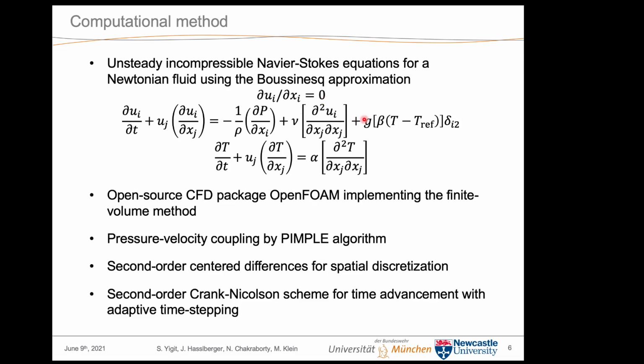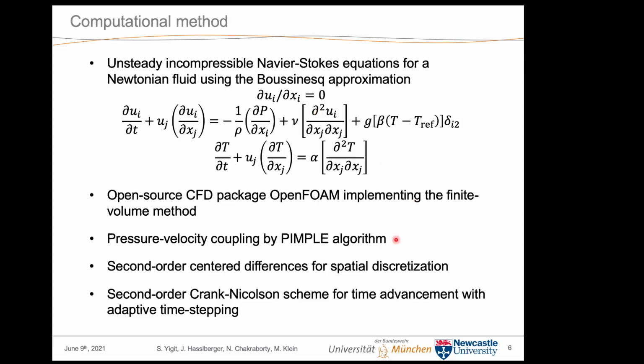And maybe the only thing unusual here is the Boussinesq approximation. So I should explain that. It means that density variations due to temperature differences are only included via the buoyancy term in the momentum equation. So with respect to all the other terms, the density is assumed to be constant.